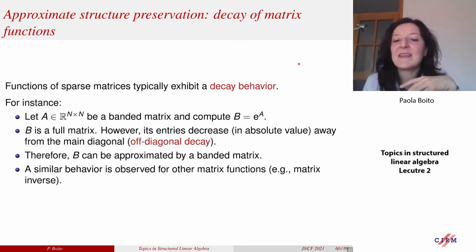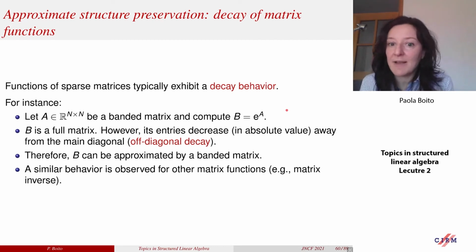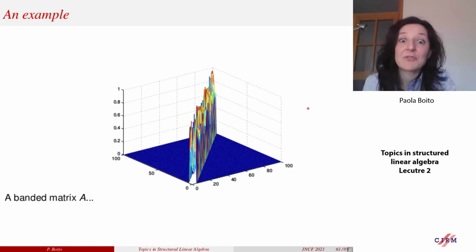Suppose A is a banded matrix, and we want to compute its exponential. B is a full matrix, but it can be well approximated by a banded matrix. We'd like to characterize this off-diagonal decay behavior so that we can give accurate estimates on where we can truncate the matrix in order to obtain a good banded approximation of f of A. Here's a picture.